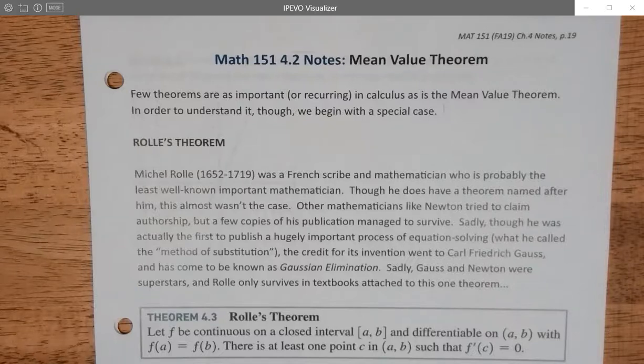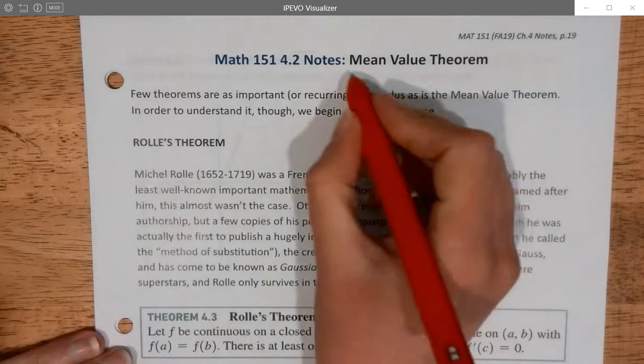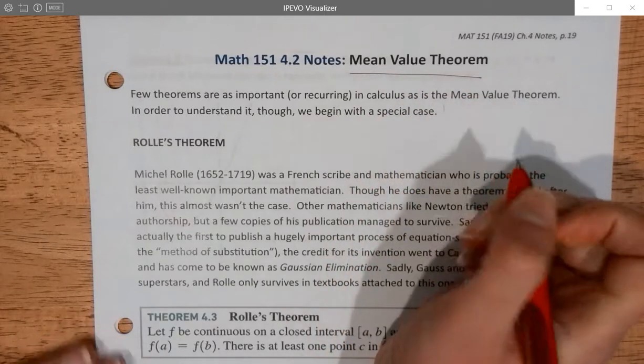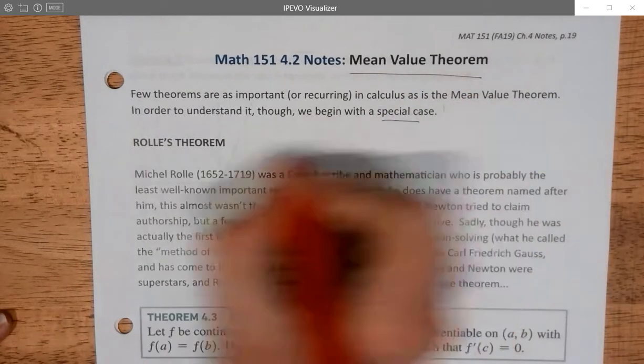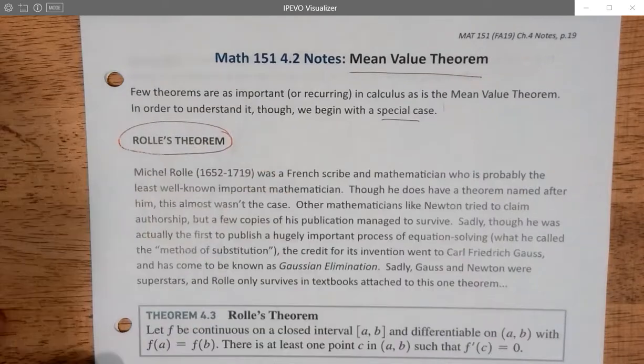The topic of section 4.2 is the mean value theorem, but before we begin talking about it, we're going to look at a special case of it, Rolle's theorem.